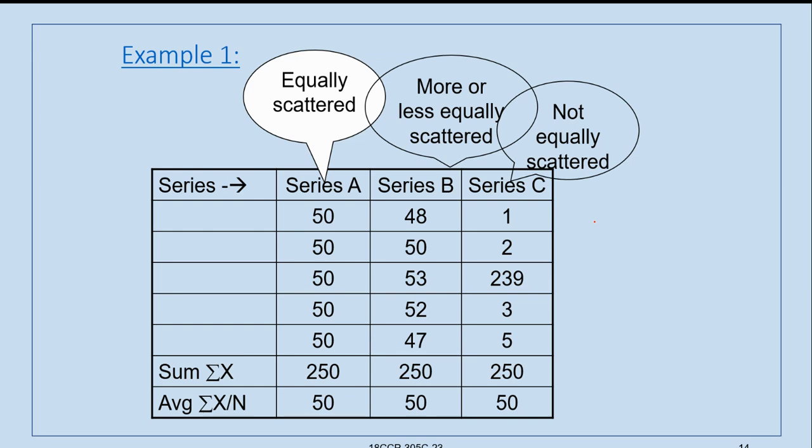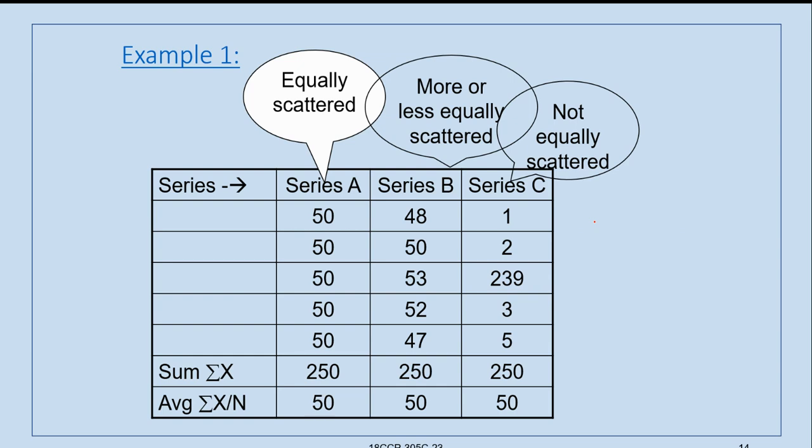The mean is 50, the median is n plus 1 by 2, that is 5 plus 1 by 2, that is 6 by 2 is 3. The third item is 50. And mode also, by inspection, you can see all 50s. So mode is 50.